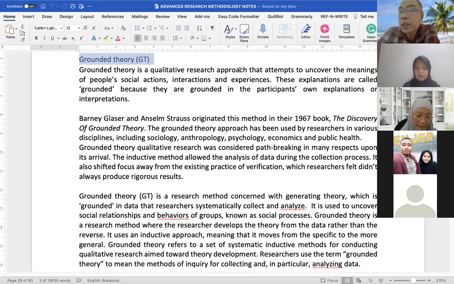How to use Grammarly is very important at the beginning of your PhD journey. Use it to do the references, right? Sorry, using Mendeley. Sorry, Mendeley.